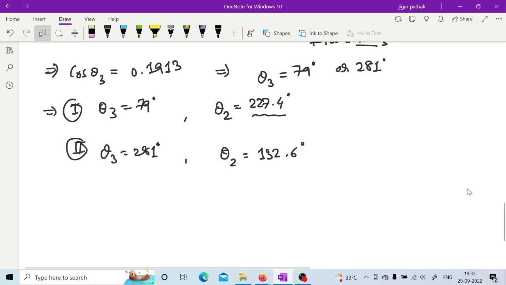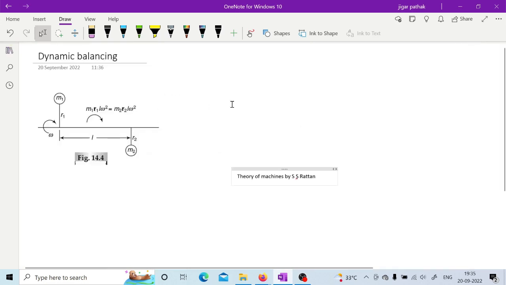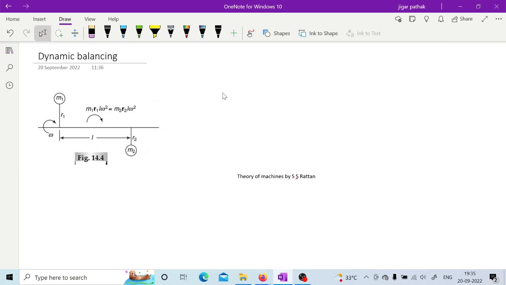So is it clear? Yes sir. Okay. So now if we go for the next one, that is the dynamic balancing. Previously, whatever we have seen, if you take this disc having whatever number of masses at a particular angle and distance, it is the same plane, right?